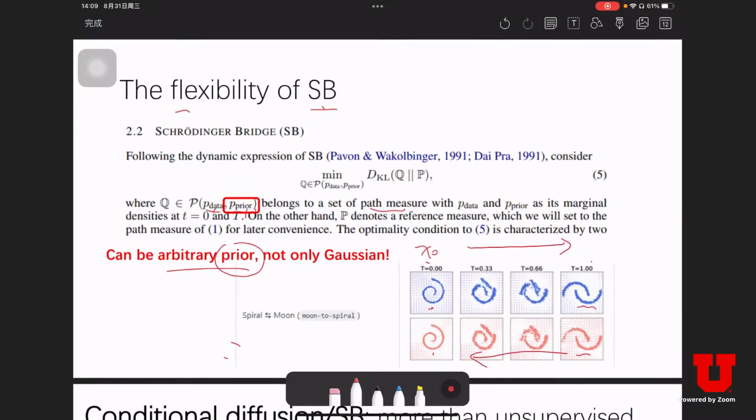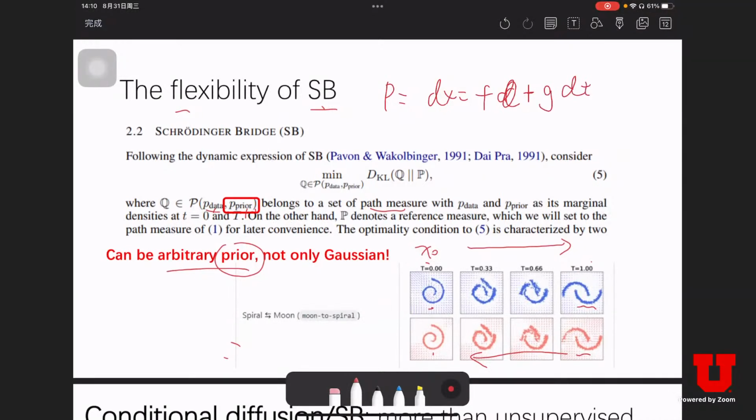So I think here you specify this reference measure P. It's just to make the model simple, make the bridge as simple as possible. Yeah, I think in most cases they just say the reference P is dx equals f dt plus g dW, something like that.